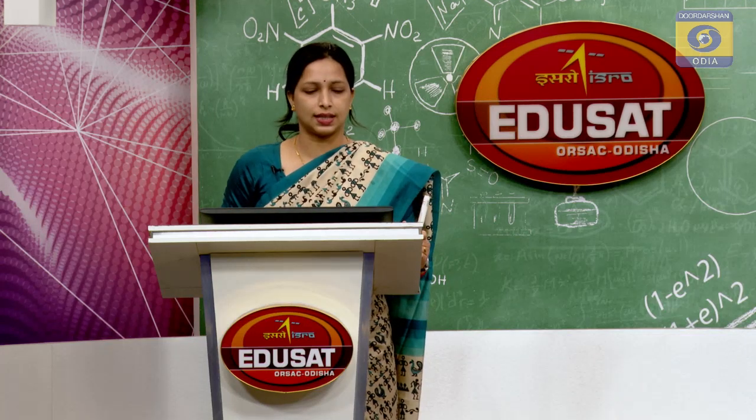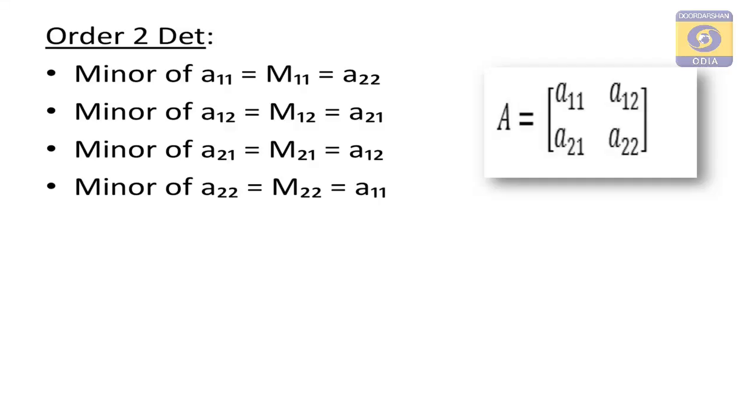As you can see in the slide, I have shown you an order 2 determinant. The elements are A11, which signifies row 1 column 1, A12 signifies row 1 column 2, A21 means row 2 column 1, A22 means row 2 column 2, right. Now, how do we find out the minors of these elements? The minor of A11 will be written as M11. We delete the row and the column in which A11 exists.